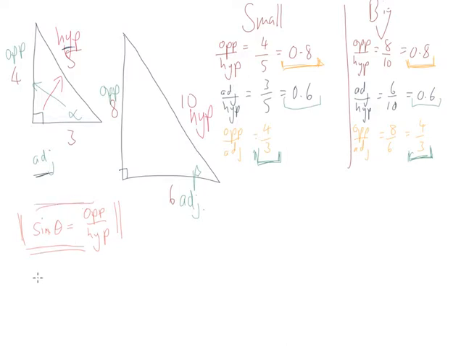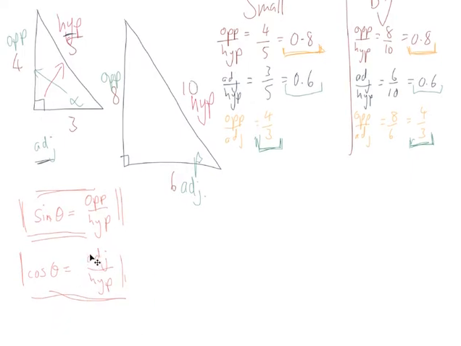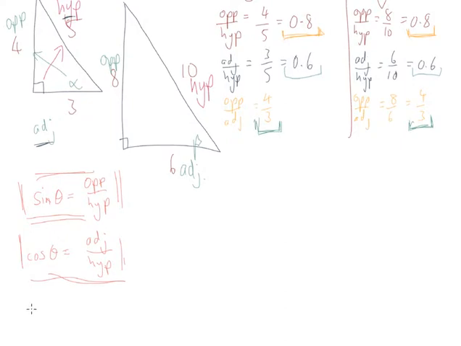My next one I have is cosine theta or cos theta. Cosine is, of course, the full name for it. No one writes it out. Cos theta is adjacent on hypotenuse. And tan theta is opposite on adjacent.